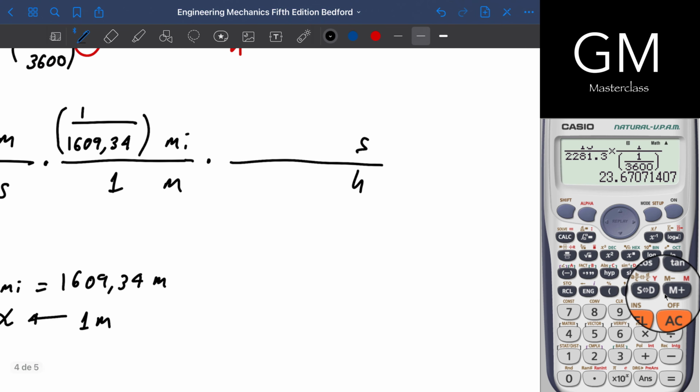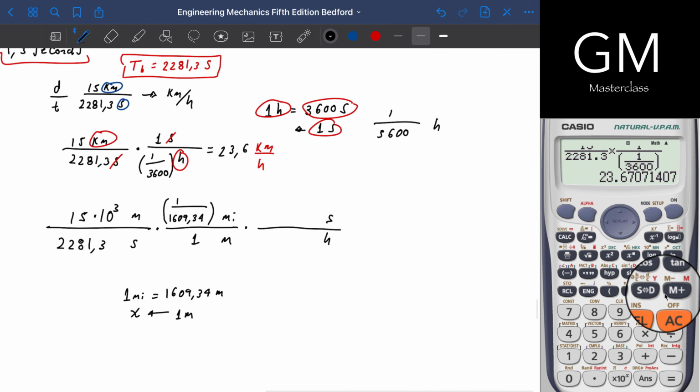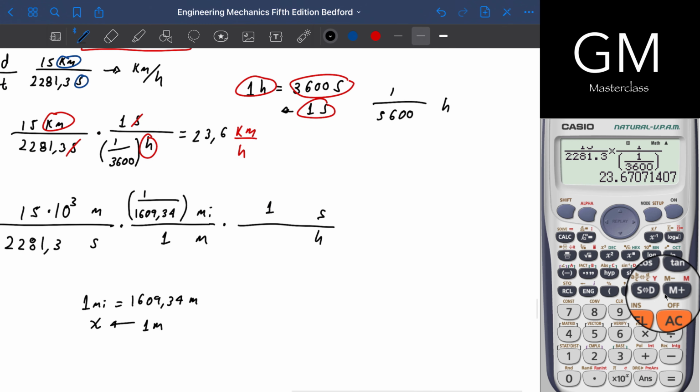And then the same thing here, because 1 second is equal to 1 divided by 3,600 hours.